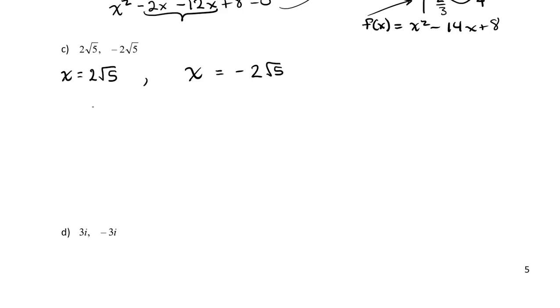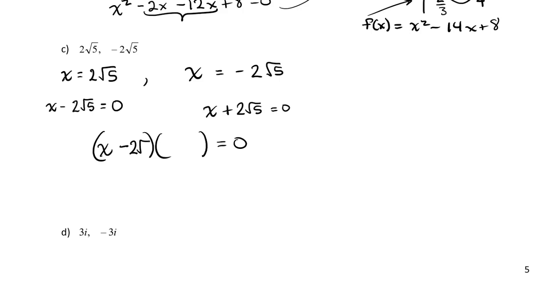Bringing those radical terms over, we'll get x minus 2 root 5 equals 0 and x plus 2 root 5 equals 0. Now we can multiply those two binomials together and find the product equal to 0.